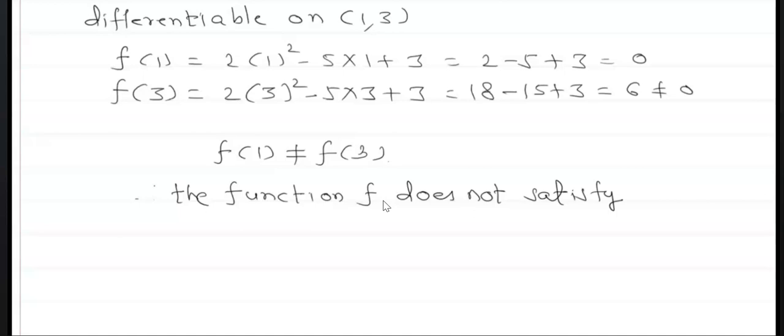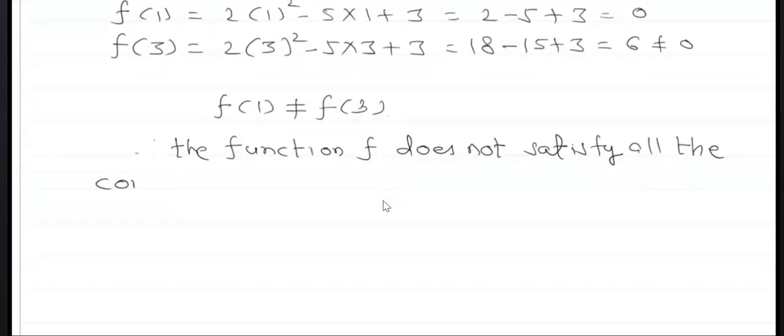Therefore, f of 1 is not equal to f of 3 and hence it is not valid. The function f does not satisfy all the conditions of Rolle's theorem.